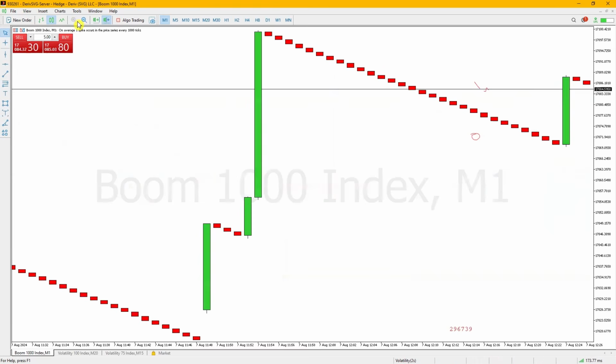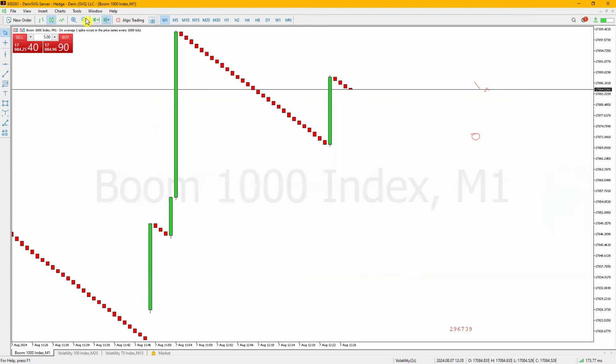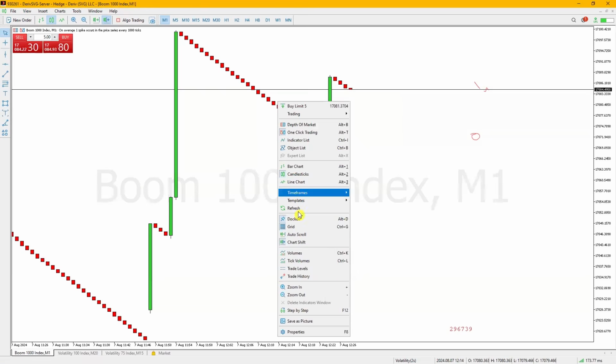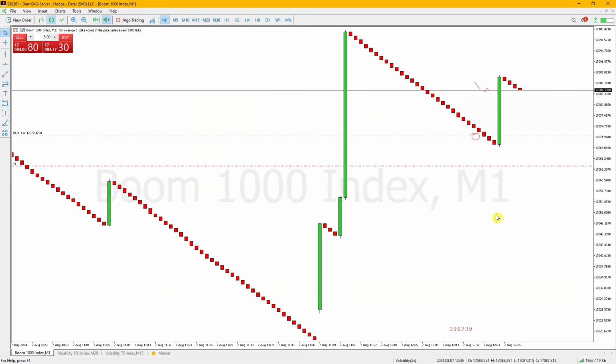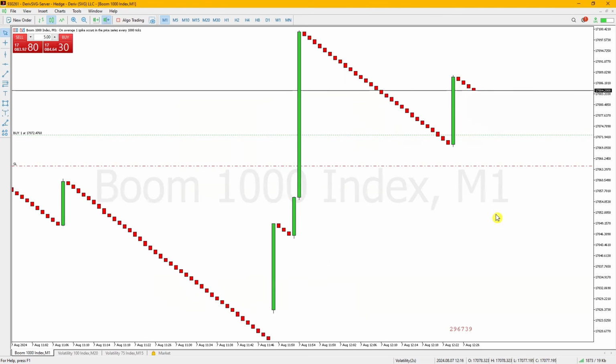Let's show trade levels. Let me show you what I'm referring to. I've just removed everything, including the indicator. We'll bring it back.